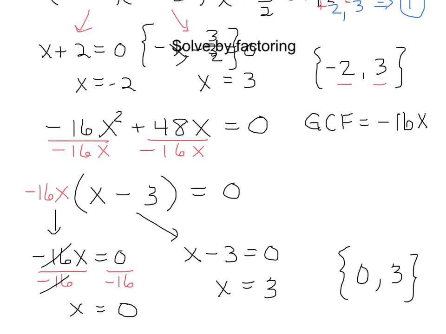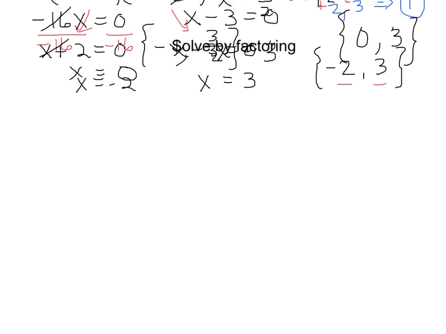All right, let's go for one more that involves an extra step to start, and we'll see where that gets us. Okay, so on this one we have x squared plus x equals 30. Oh, we don't have a 0 anymore. So the first thing we have to do is get everything on the one side equal to 0.